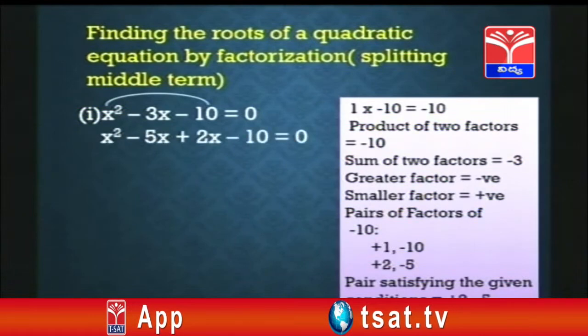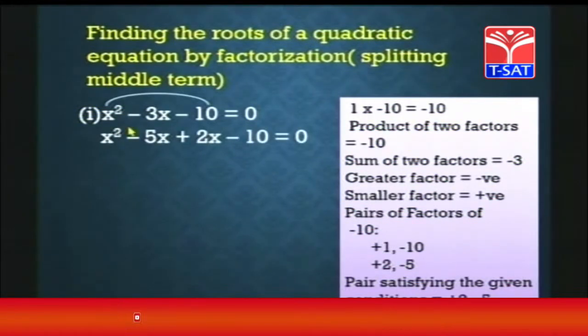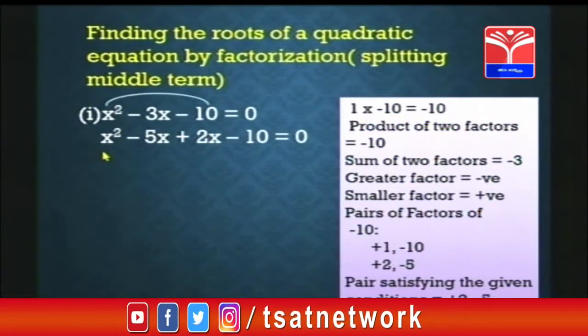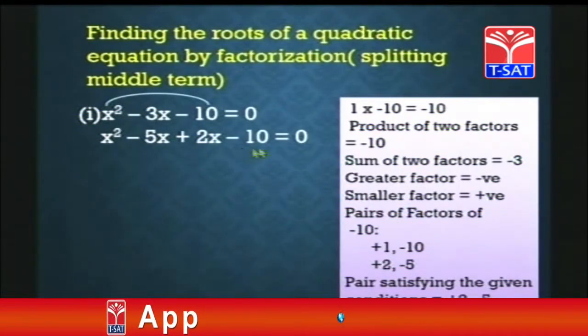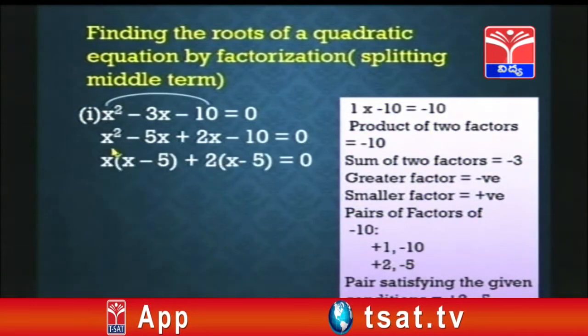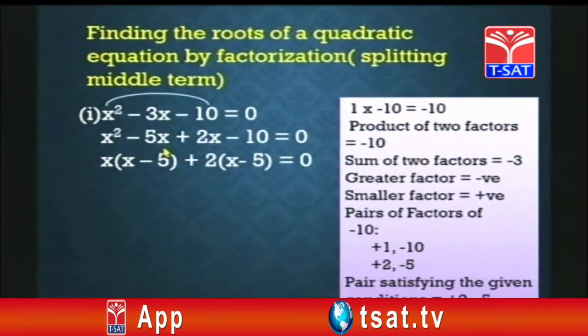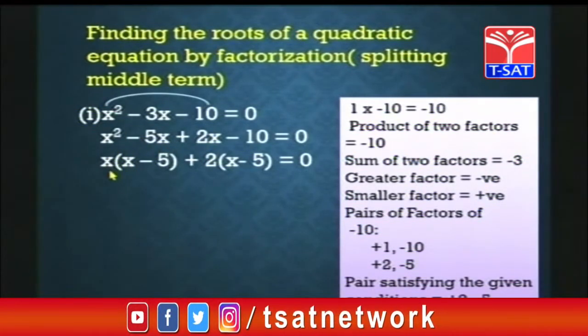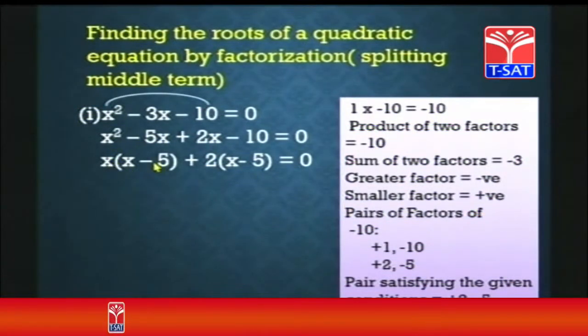Now I am trying to write this minus 3x as minus 5x plus 2x. So my equation comes out to be x square minus 5x plus 2x minus 10 is equal to 0. Now let's take the common term in the first two terms, x square minus 5x. We observe taking out common as x, x into x gives me x square and x into minus 5 gives me minus 5x.